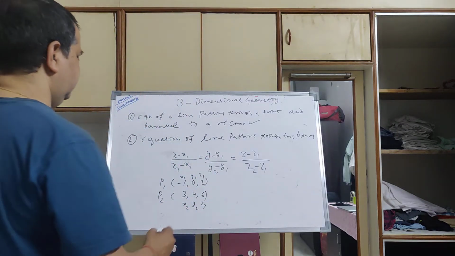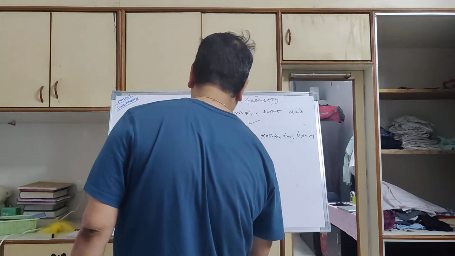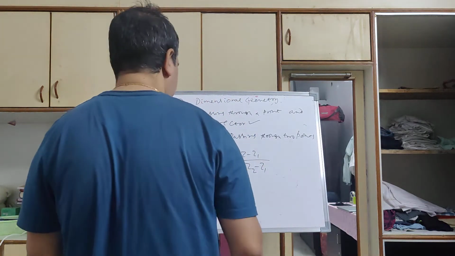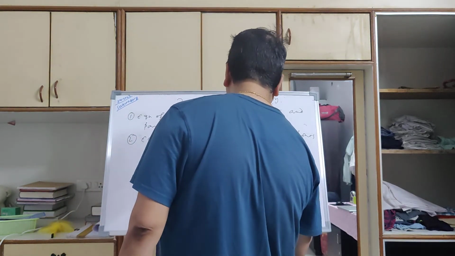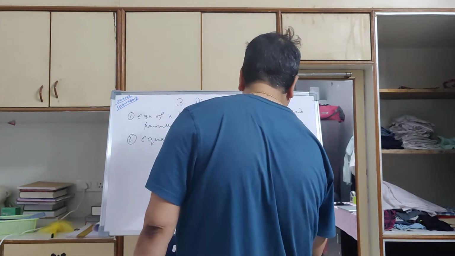Knowing this, you can find x minus x1, so x plus 1. Then x2 minus x1, so 3 plus 1. Then y1 is equal to 0, y2 is 4, y1 is 0.